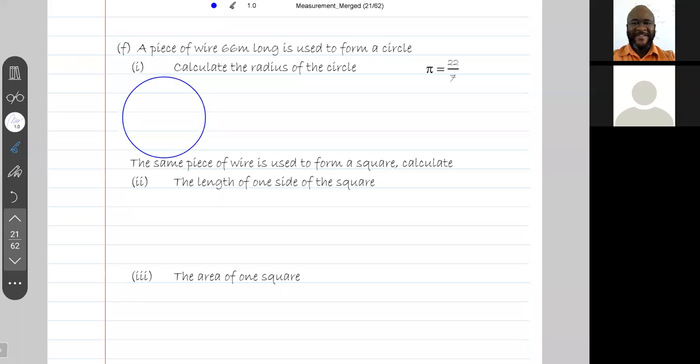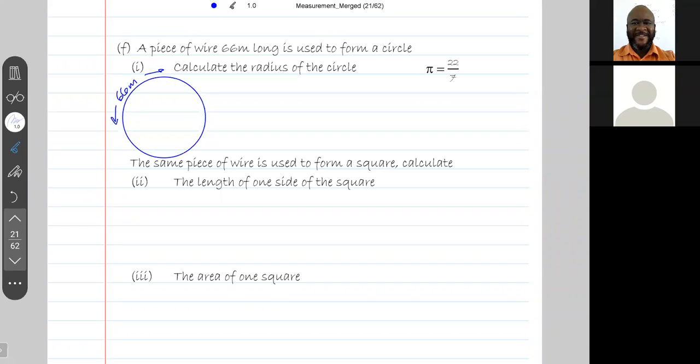This is my piece of wire. And this piece of wire was used to form a circle. The length of the wire is 66 meters. So the length of the wire, which was used to form a circle, is 66 meters.